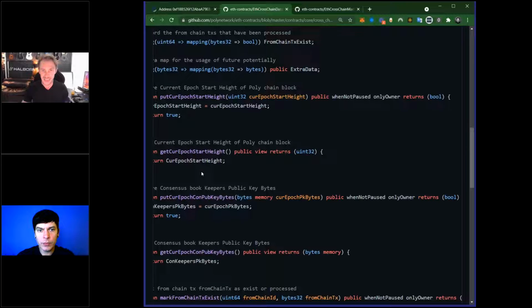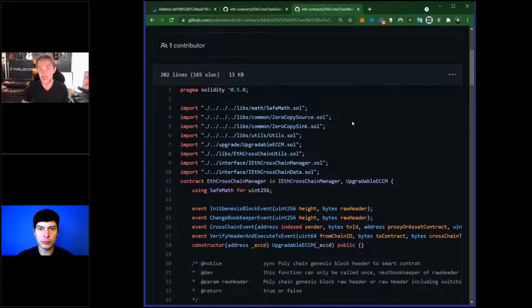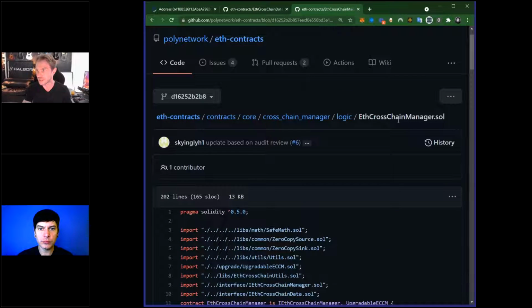So the attacker saw that he could call a function and add his key to this list of keepers. And the way he found that is actually quite interesting. He or she looked at this ETH CrossChain Manager contract.